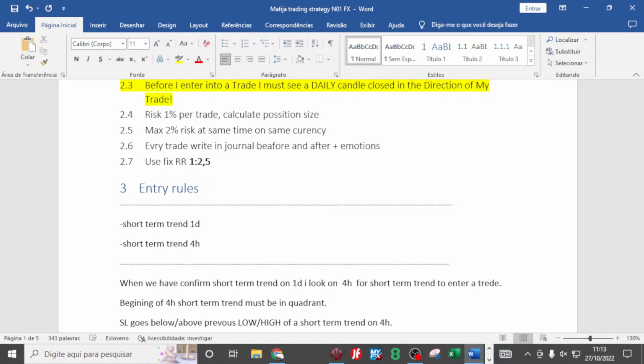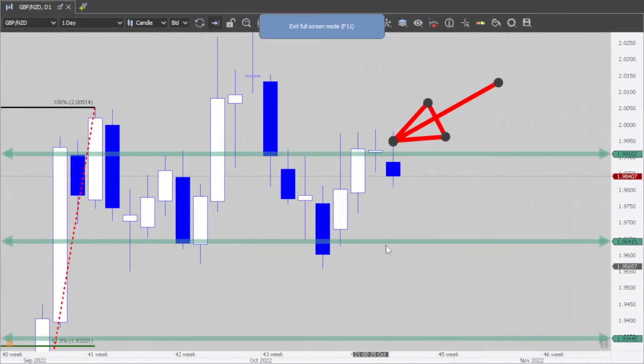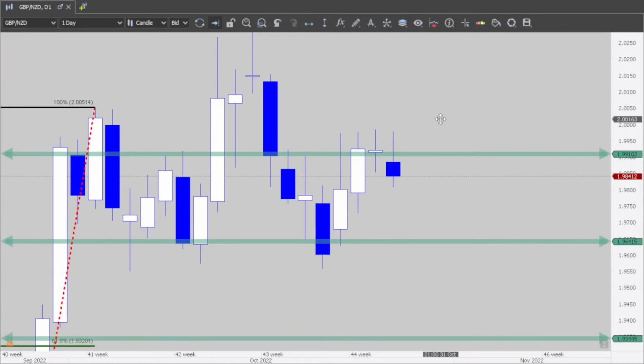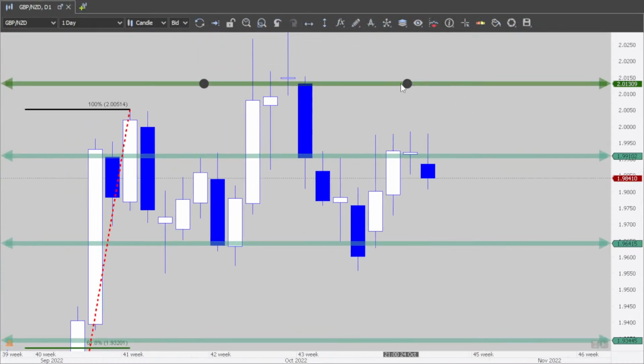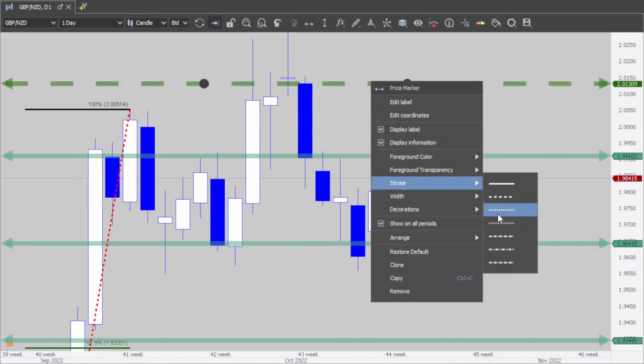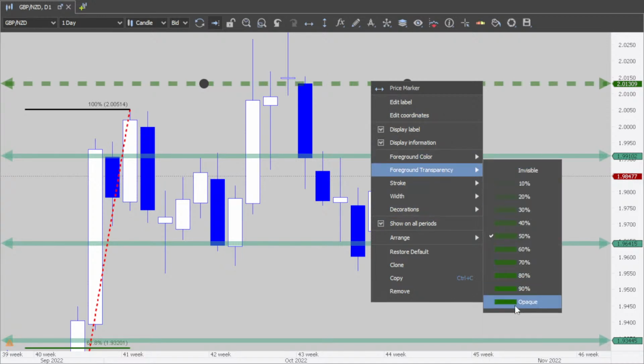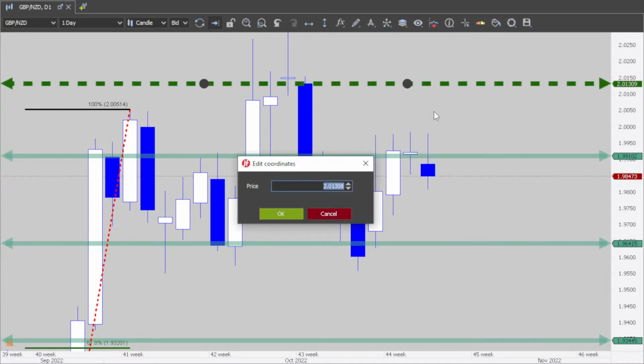Based on my strategy, I enter trade at 199. Okay, when was this? Was this today? Was this yesterday? So this was Mattia's entry, edit coordinates, 1.99422.